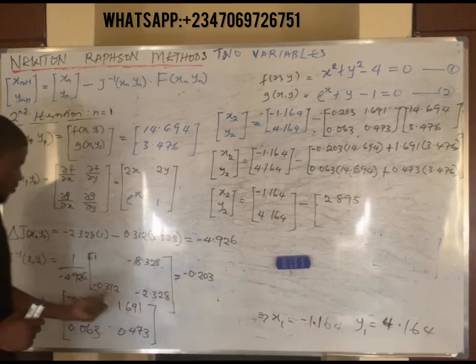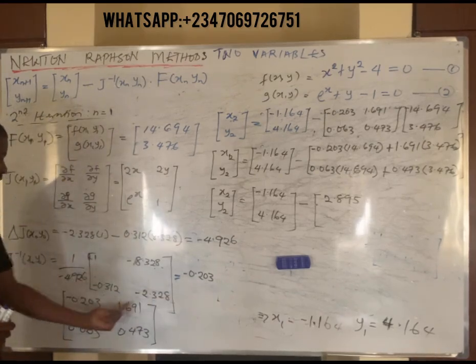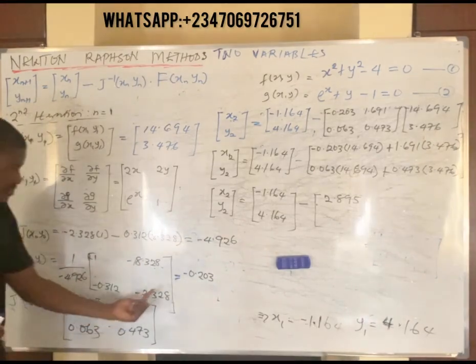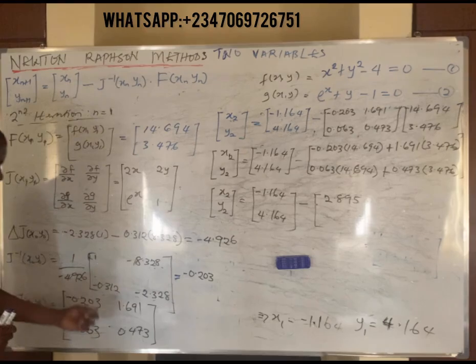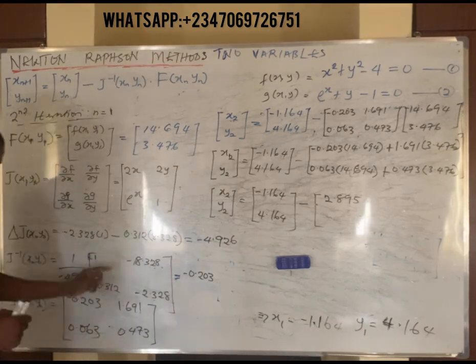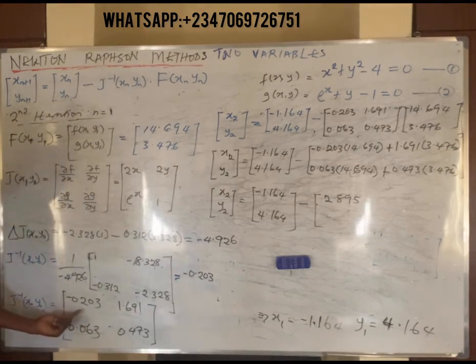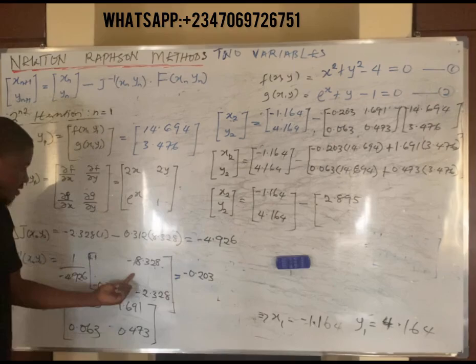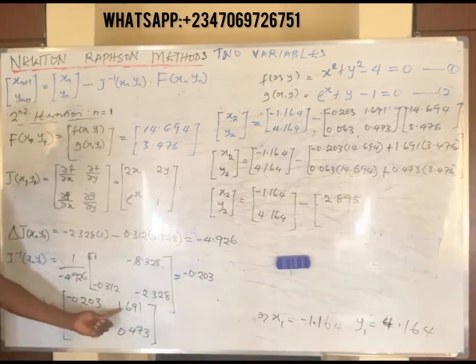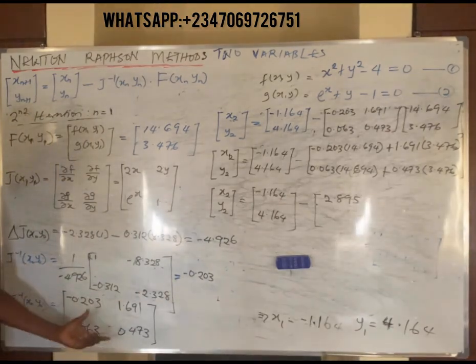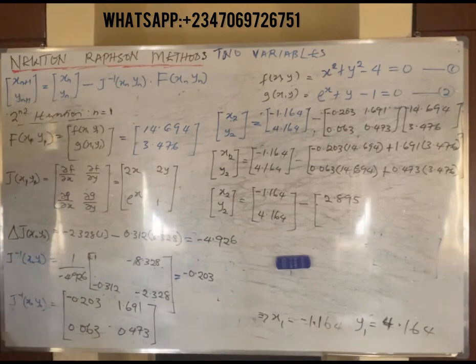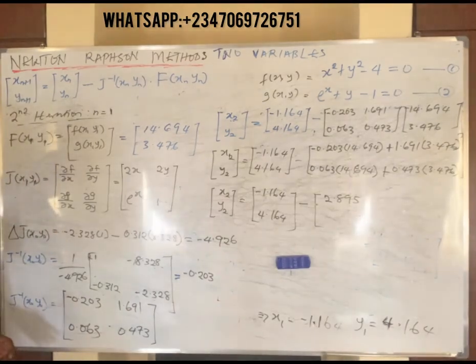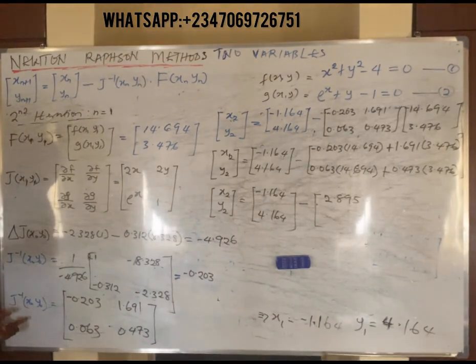Use this value now to multiply all the elements in the matrix. So negative 0.203 multiplied by 1 gives us negative 0.203. Negative 0.203 multiplied by negative 8.328 gives you this value, and as well every other element you have in the bracket. So this simply gives us the Jacobian inverse, just like we did in the first case.